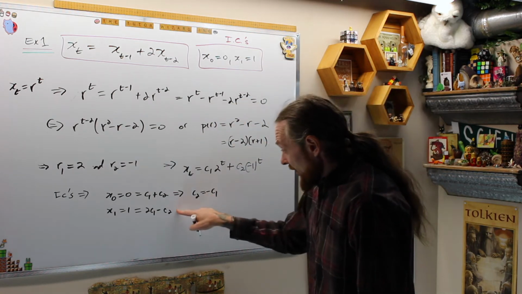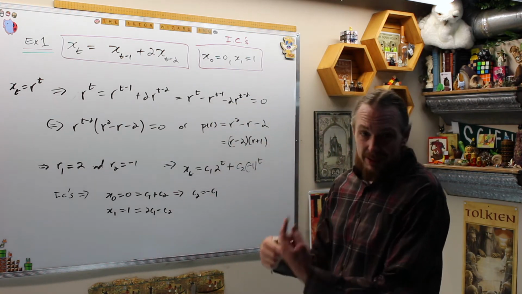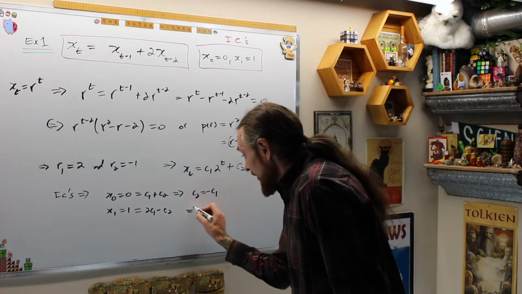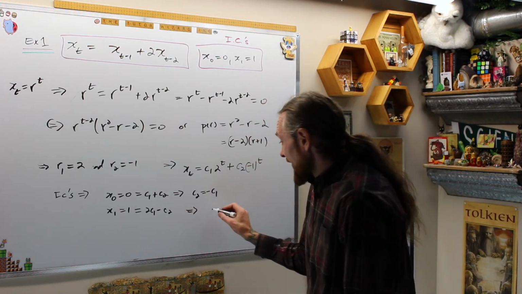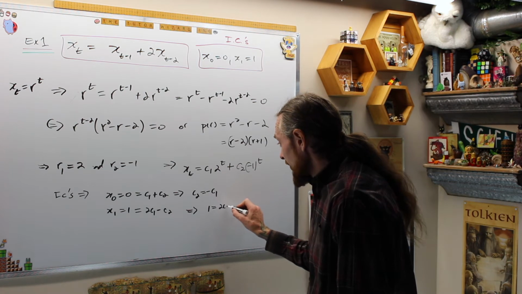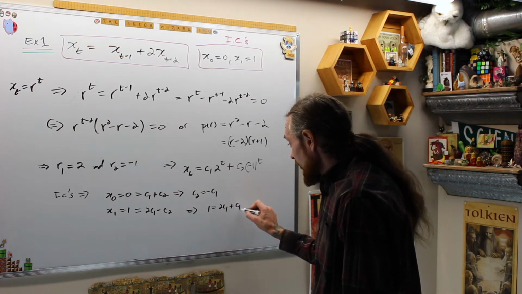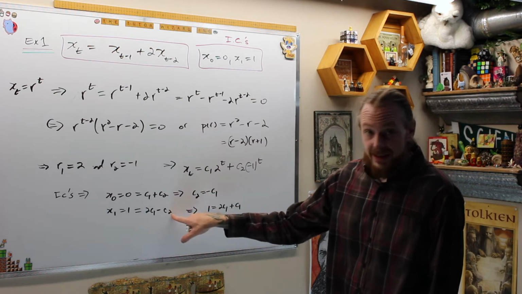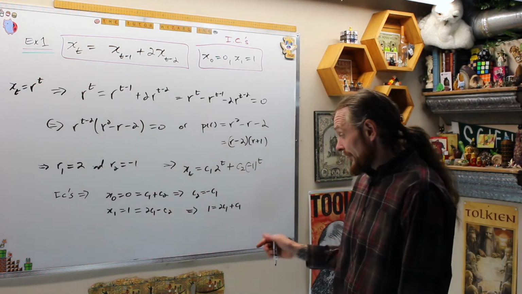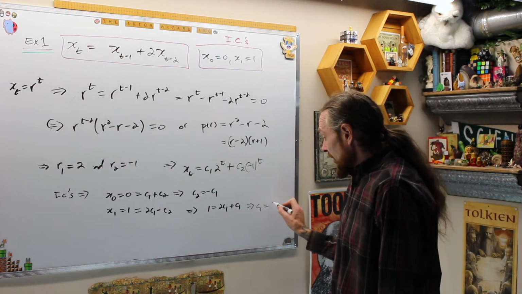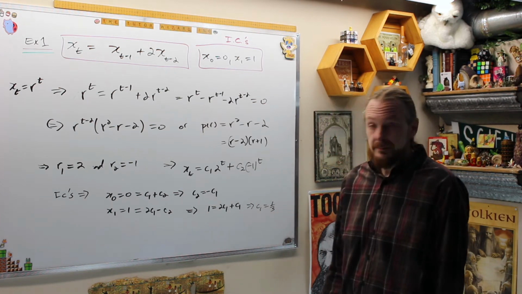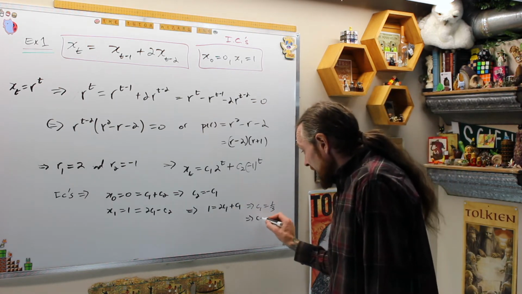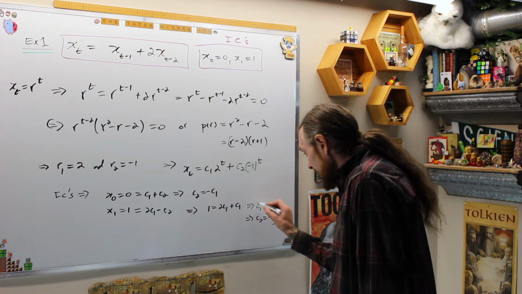We can substitute, or we get a system of 2 by 2 equations. What we get is 1 equals 2c1 plus c1, because c2 is -c1. That tells me c1 is 1/3, and therefore, of course, c2 is -1/3.